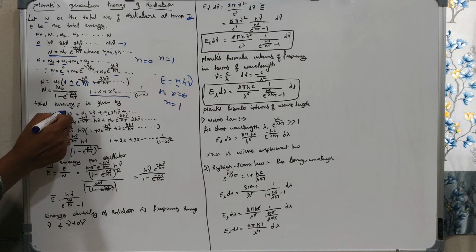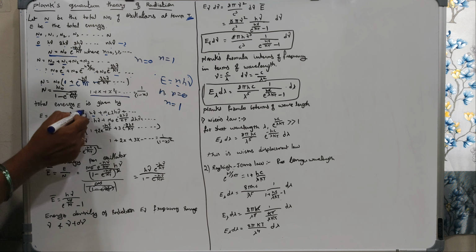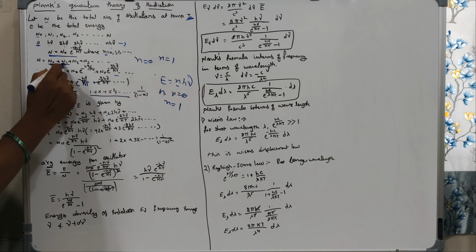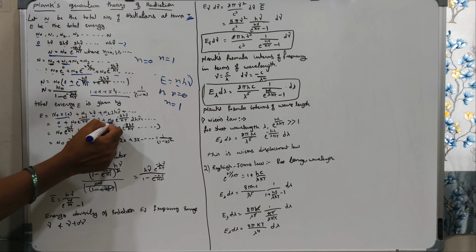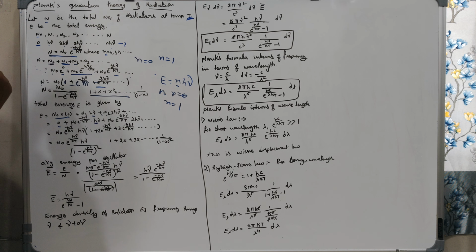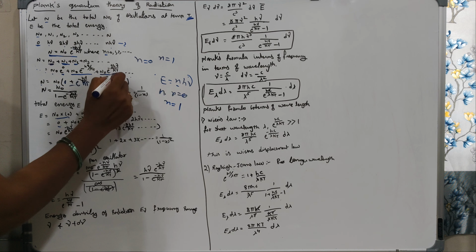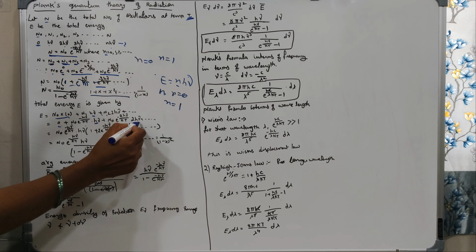That equals 0 plus N naught e to the power of minus h nu by kT, substituted as the N1 value, times h nu, plus the second term, N naught e to the power of minus 2 h nu by kT into 2 h nu, and so on.